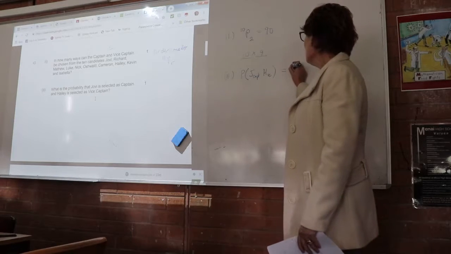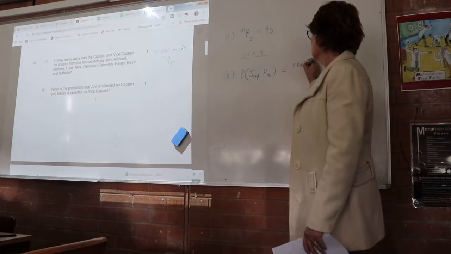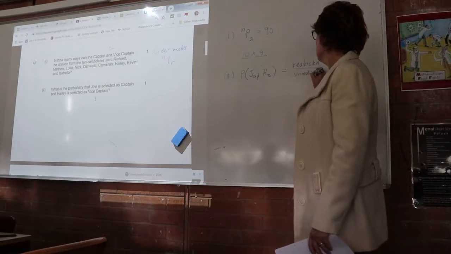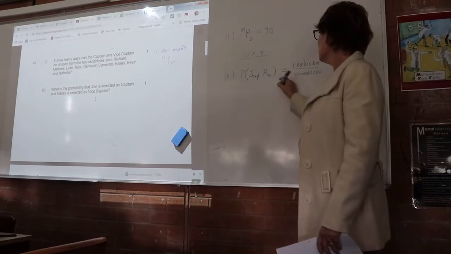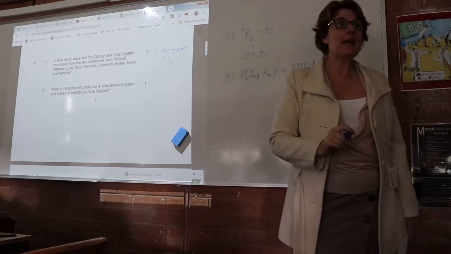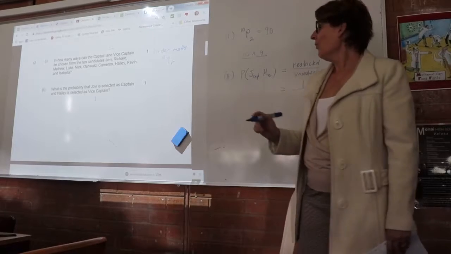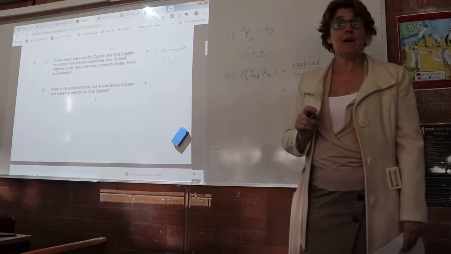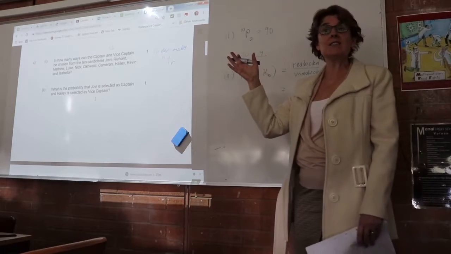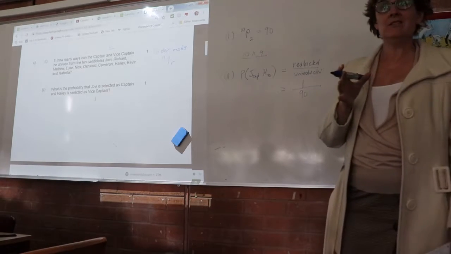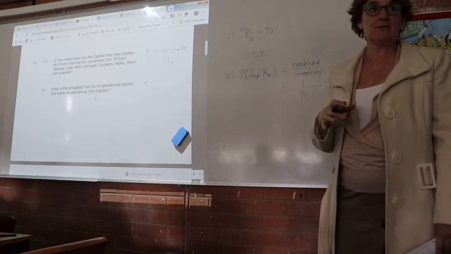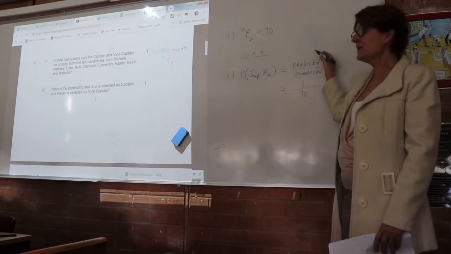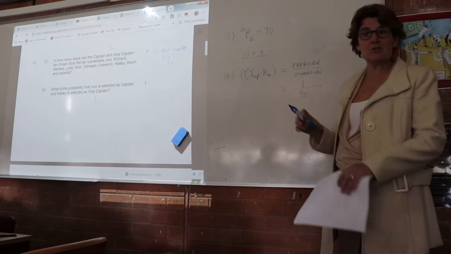So remember we said it's our restricted number over our unrestricted for probability. What was our unrestricted number? 90, the 90 up above. And that's what takes it from just an arrangements question into a probability question, where I've talked about the number of restricted arrangements over the number of unrestricted arrangements.